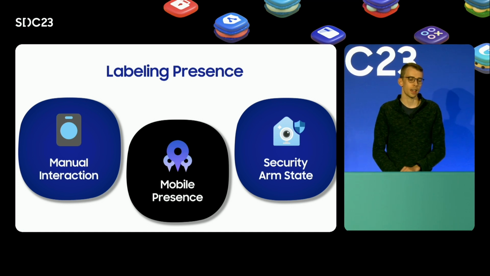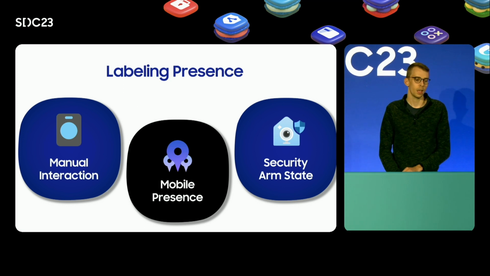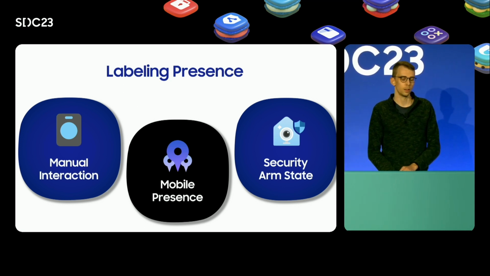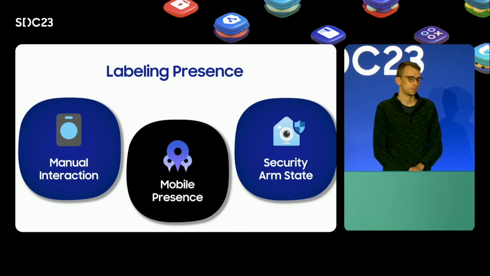To reliably model our presence at a location, we rely on a combination of 3 signals: mobile presence, manual interaction, and security arm state. Manual interaction, as I just mentioned, are the device events that only occur when a user is physically present and interacts with their devices.